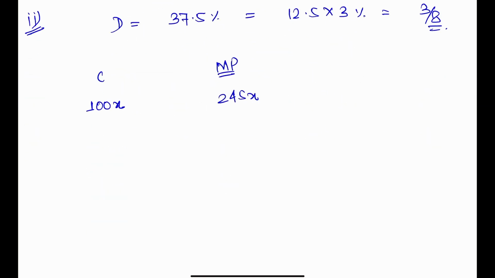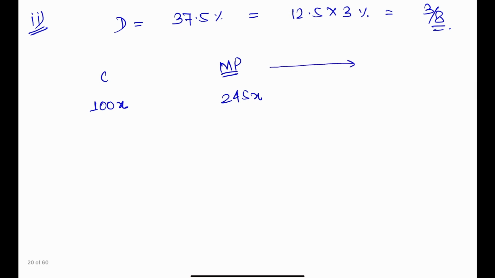Now he is giving a discount of 37.5%, so multiply by 3 by 8. So my selling price will be 245 into 5 by 8 x.